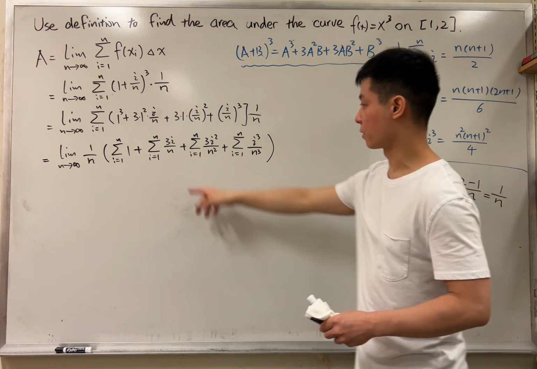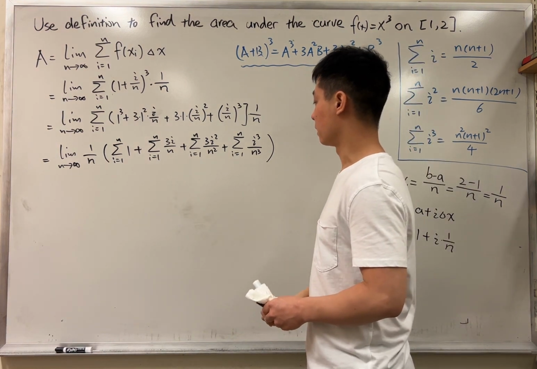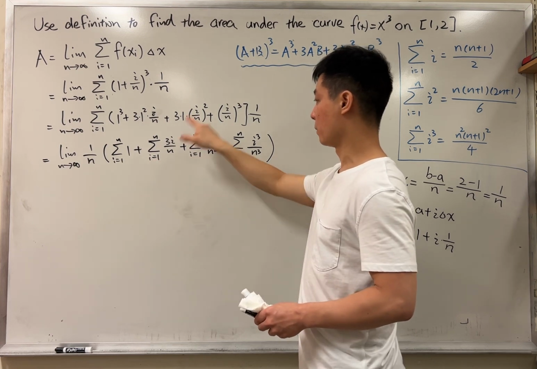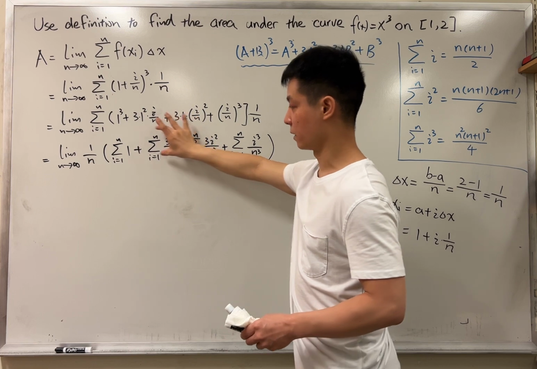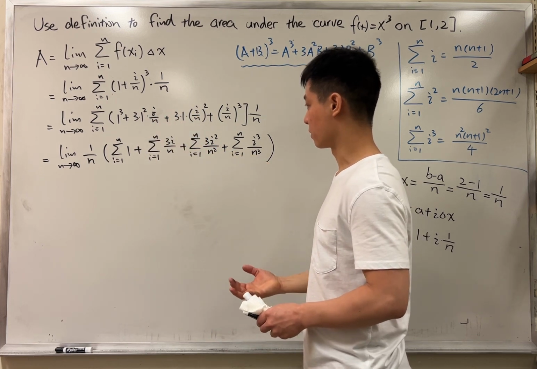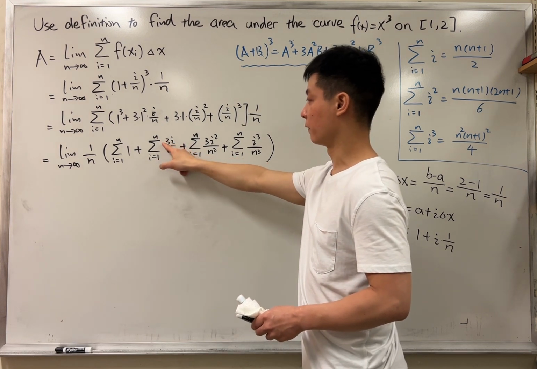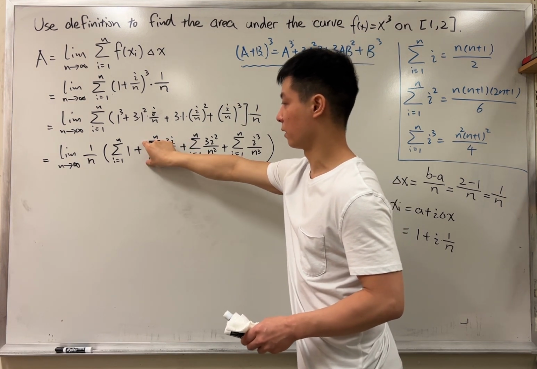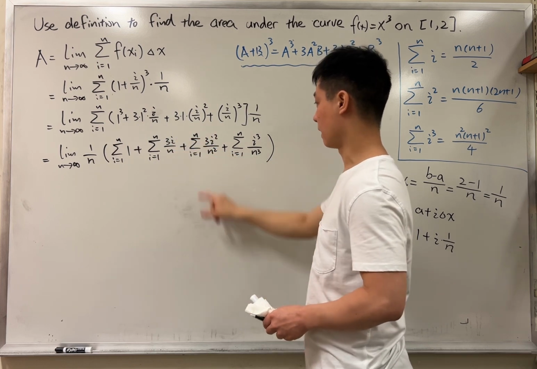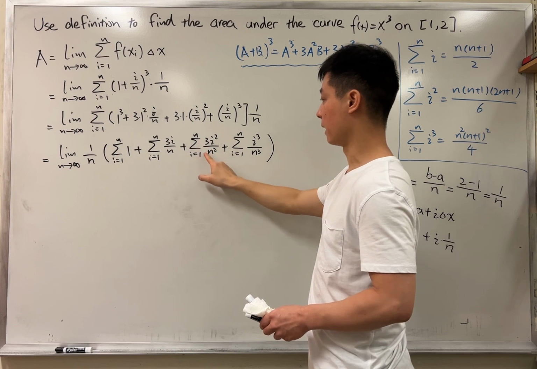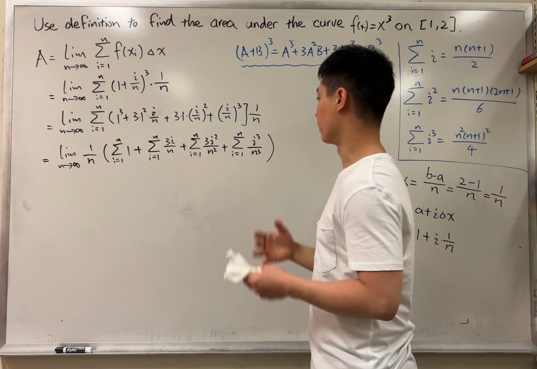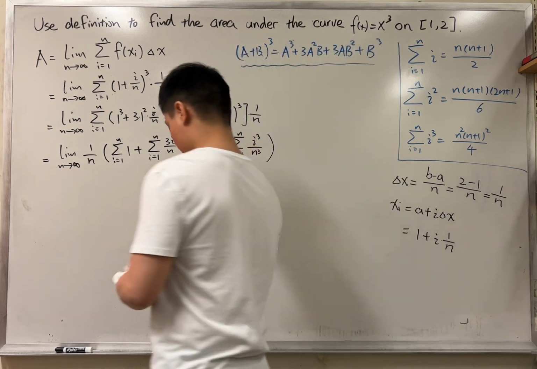And we know the summation is with respect to the index i. So for everything else, we can just factor it out of the summation notation, which means I can factor 1 divided by n right out here, and that will leave me with just i in the summation. Same thing for this: 3 divided by n squared can be treated as a constant to be factored out from the sigma notation.